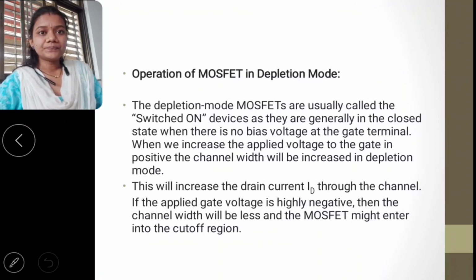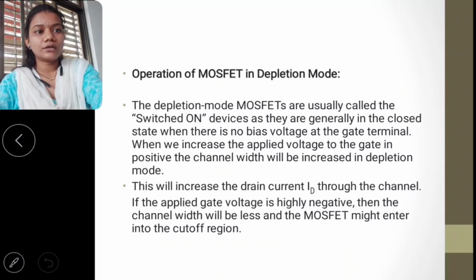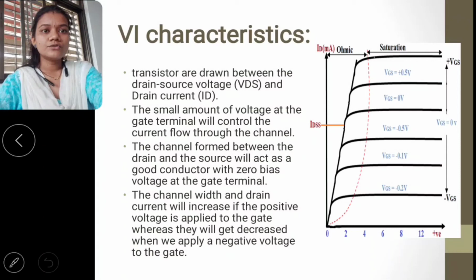So when the gate voltage increases, current starts to flow, the channel width increases and drain current flows through the channel. As a negative gate voltage is applied, the MOSFET might enter into the cutoff region.